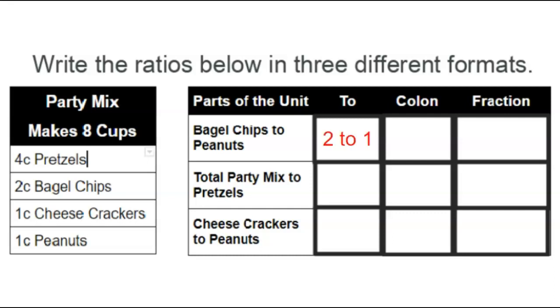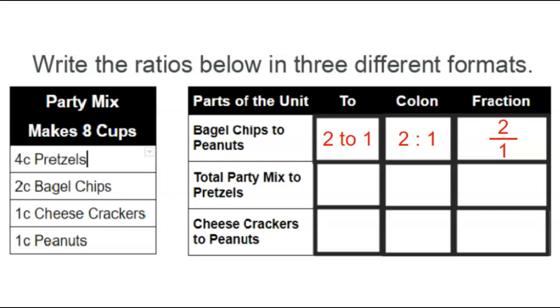So our bagel chips to peanuts is a 2-to-1 because it's 2 cups of bagel chips to 1 cup of peanuts. In colon form, it would be 2:1, and as a fraction, we would have 2 over 1. I would not simplify that to the whole number 2, because we still need to represent those peanuts.